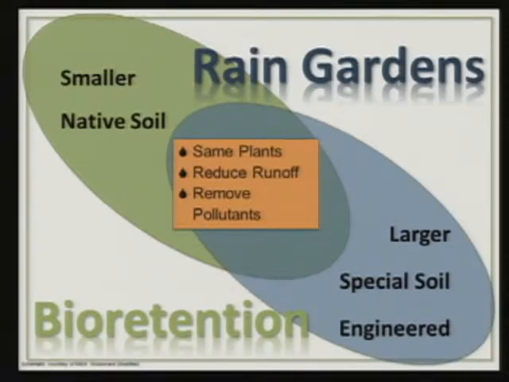They use a specialized soil that really promotes those biological processes to reduce stormwater pollutant loads. Bioretention areas are also heavily engineered and involve a lot of math and a lot of equations to make sure that they can capture that first flush.